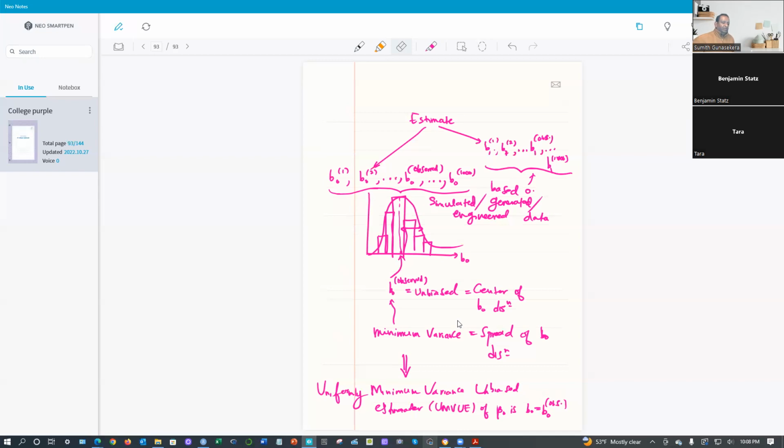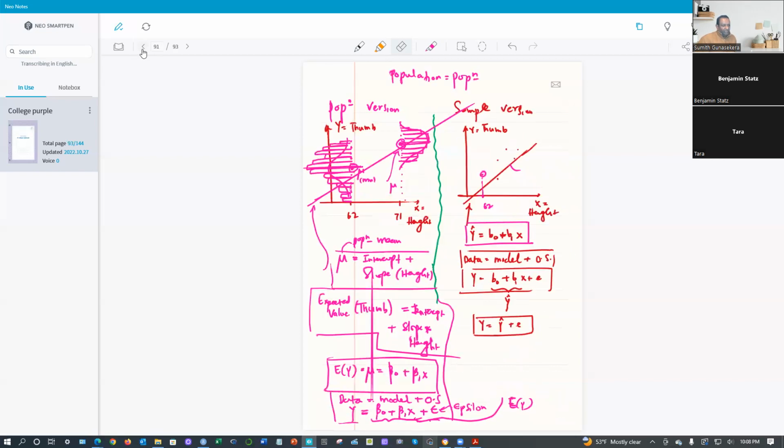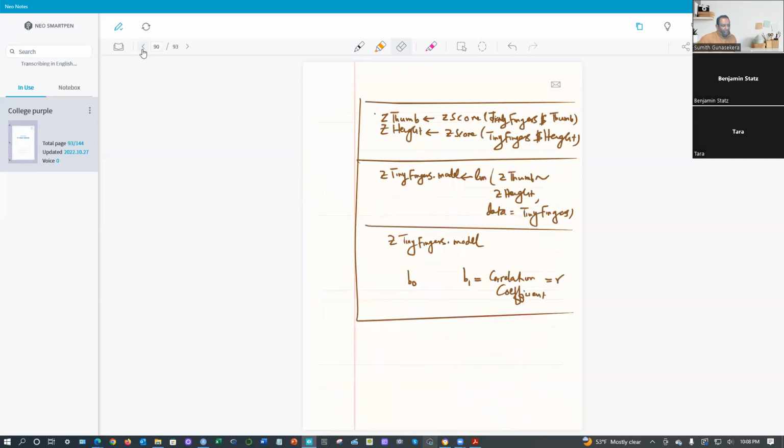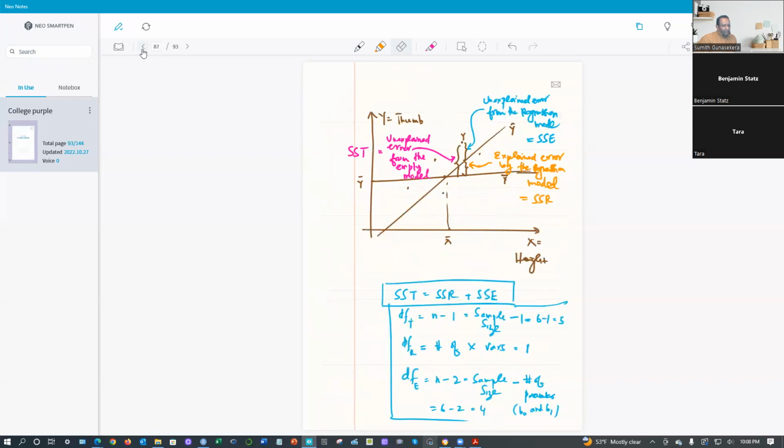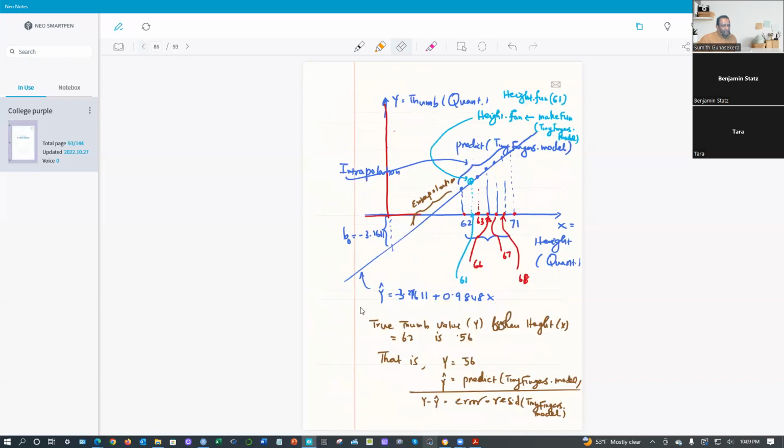You can talk about the uniformly minimum variance unbiased estimate for that one too, which is the value that you used. In our case, B naught would be based on the value. Can you remember? We calculated that one. Negative 3.1611.